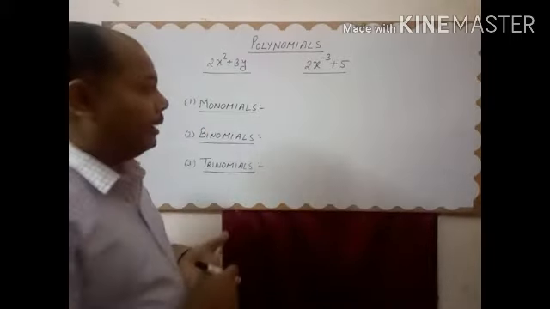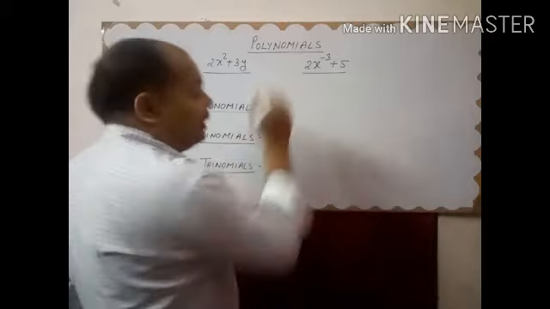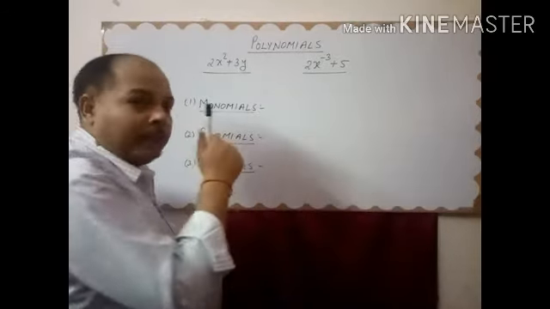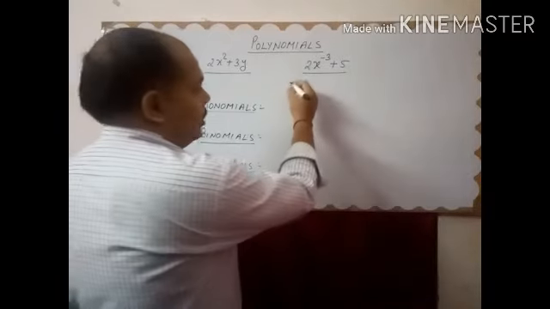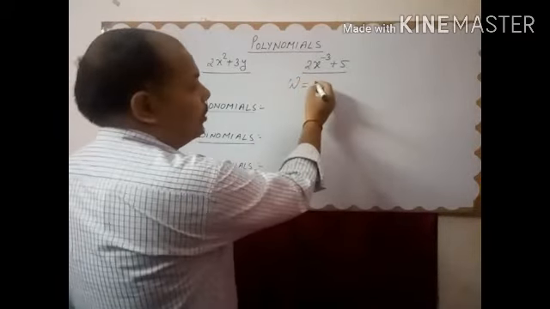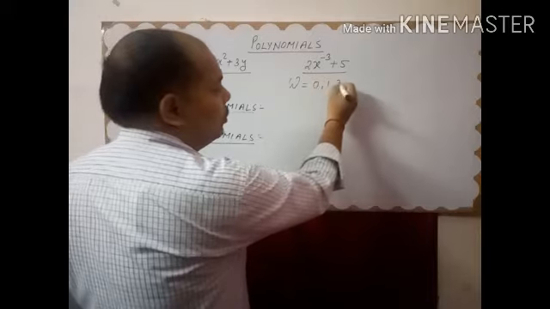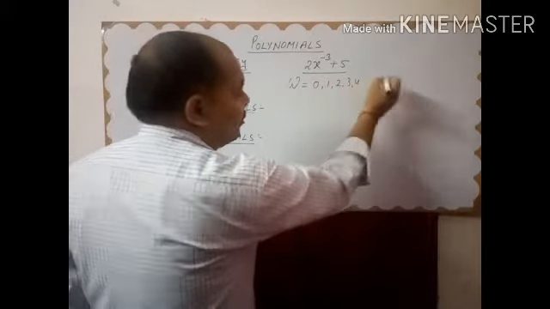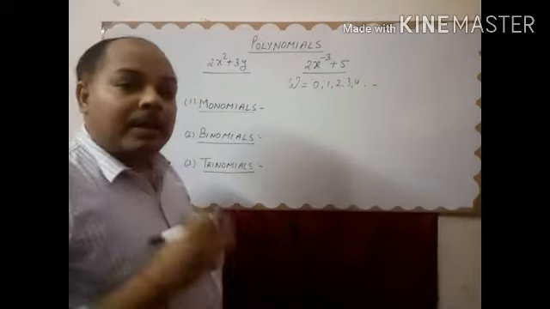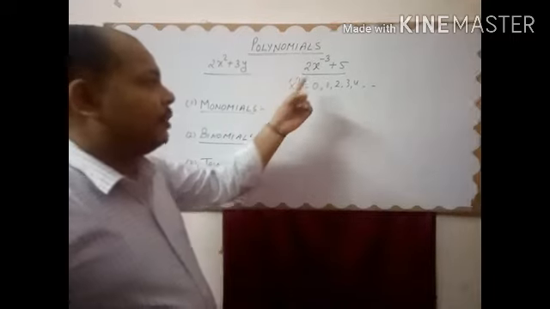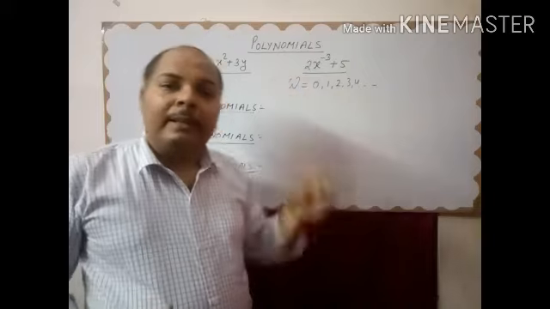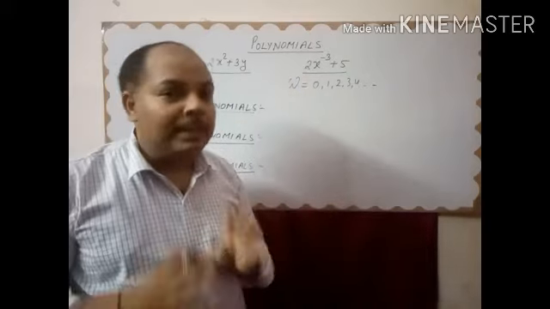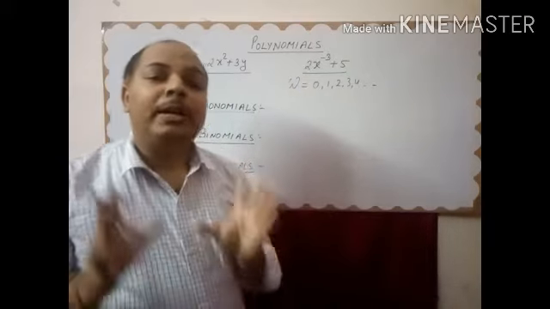Non-negative exponent means in the polynomial, the exponent of the variable should be a whole number, means 0, 1, 2, 3, 4 etc. If the powers of the variables in an algebraic expression are whole numbers, then it is a polynomial. Otherwise it is not a polynomial.